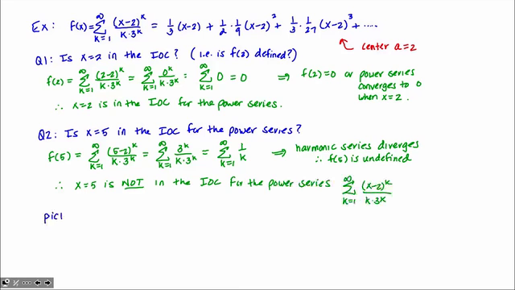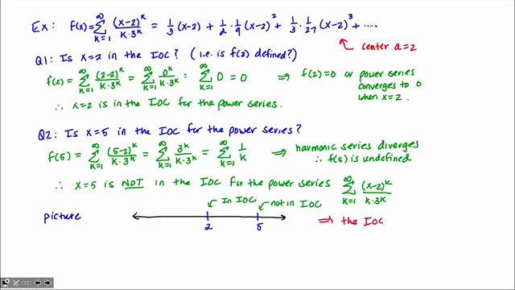So here's a picture of what we've discovered so far. Again, we can represent the interval of convergence of a power series using a number line. The center, x equals 2, was in the interval of convergence, but we also saw that x equals 5 was not in the interval of convergence.